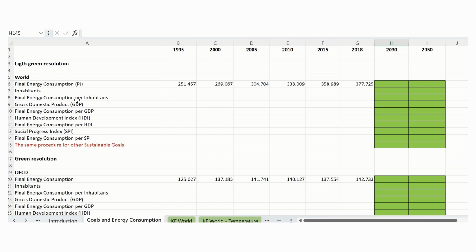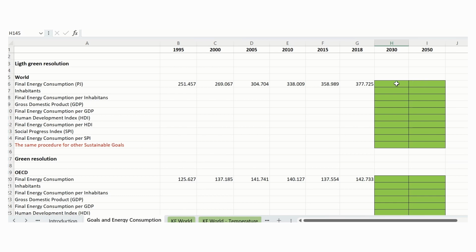You can also use the gross domestic product here, or you can use the Human Development Index in order to do it, or the Social Progress Index here. The most important thing is that you can give a good explanation of how you arrive at the figure you fill in for the energy consumption that you enter in the model.